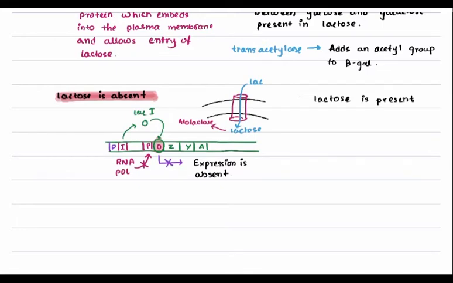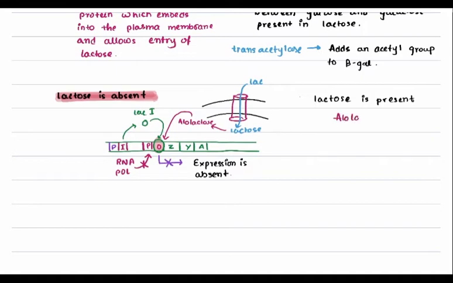Now this allolactose, what it will do, it will bind to the repressor that is already bound to the operator. It will bind to the repressor, and it will change the conformation of the repressor. So let me write it down.